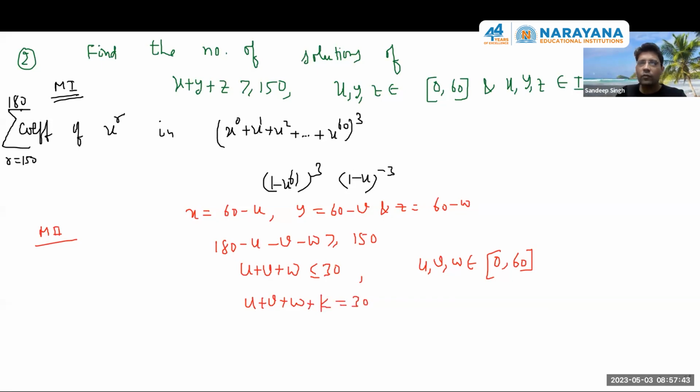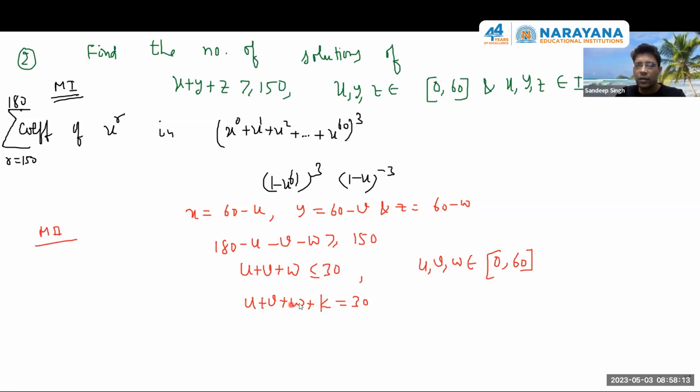Number of ways in which 30 or less identical coins can be distributed among 3 beggars will be the same as the number of ways in which 30 coins can be distributed among 4 beggars. Because the coins which this 4th beggar receives will ultimately decide what u plus v plus w is going to be equal to.